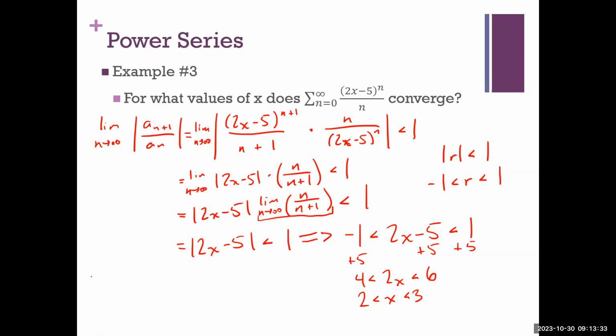So let's do that. Now let's think about this series. When x equals 2, what series do I get? The series from 0 to infinity of -1 to the n over n. Does this series converge?